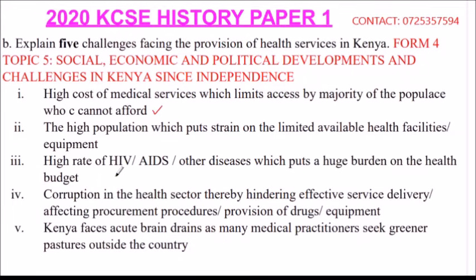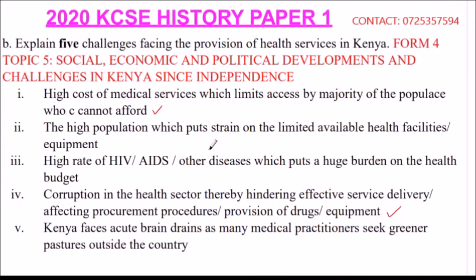In fact, some of them like HIV and AIDS will depend on donors because they require a lot of medicine, which is expensive. Number 4, corruption in the health sector, thereby hindering effective service delivery, affecting the procurement procedure and provision of drugs or equipment.